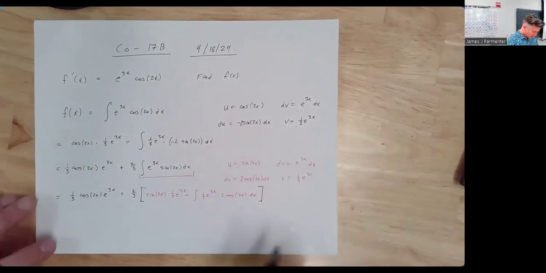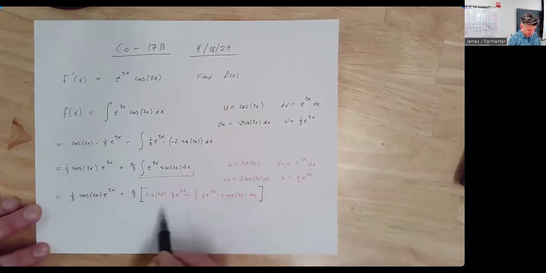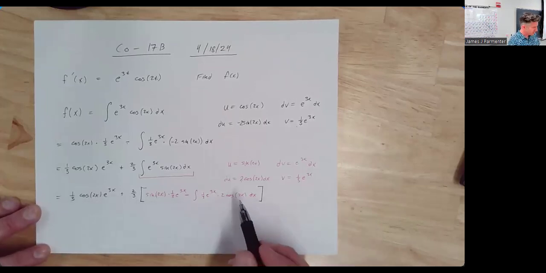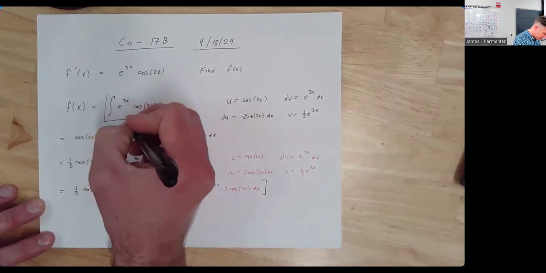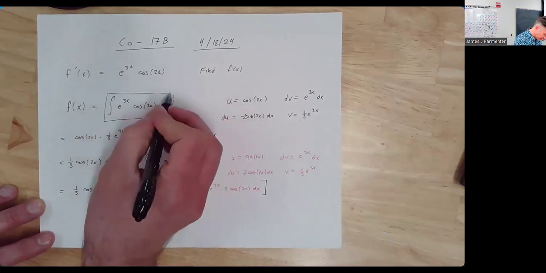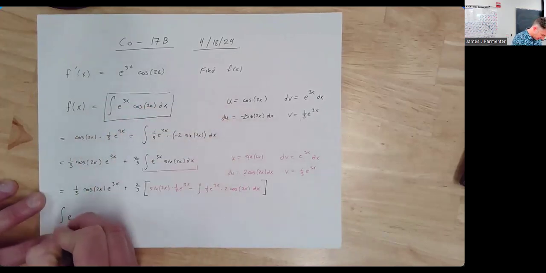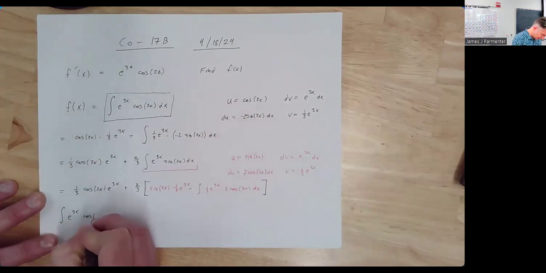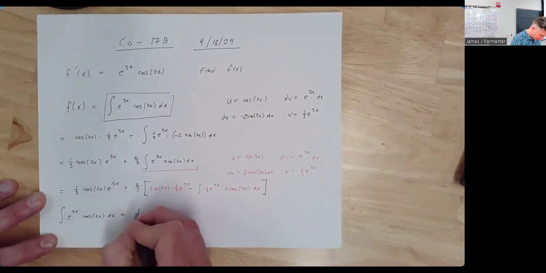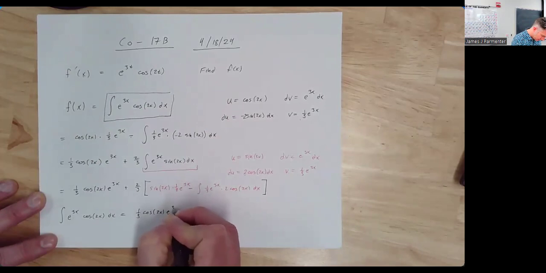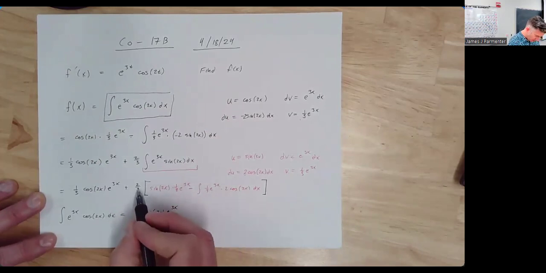So, okay, I'm going to rewrite this. I'm going to distribute the 2/3 to each of these terms, and I'm also going to write the left-hand side of my equation. So I'm going to remind myself that I'm finding the integral of e to the 3x cosine of 2x. So I have that the integral of e to the 3x times cosine of 2x dx is equal to 1/3 cosine of 2x e to the 3x plus, let's see, I have a 2/3 times a 1/3.